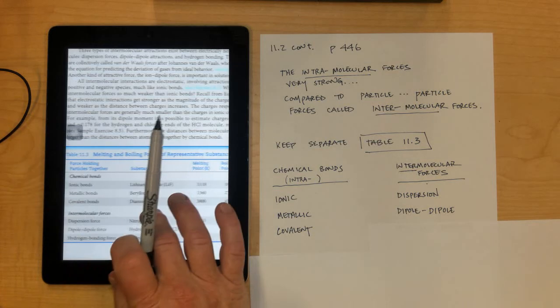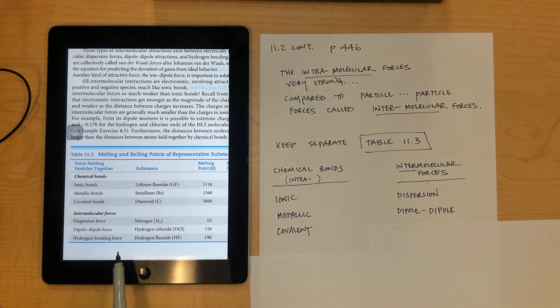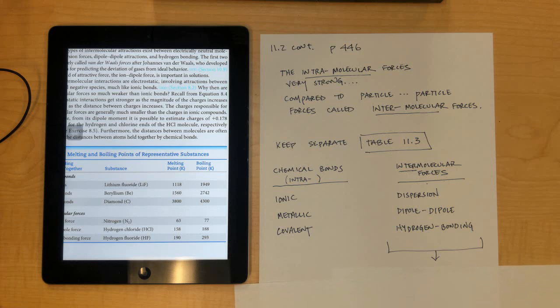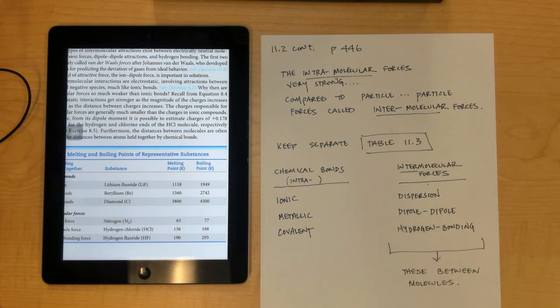And then the last one is called a hydrogen bonding force, and that's going to be a special type of dipole-dipole force that we talk about. And you can see that those have a little bit higher melting and a little bit higher boiling point as well, because they're a little bit stronger than the normal dipole-dipole force.